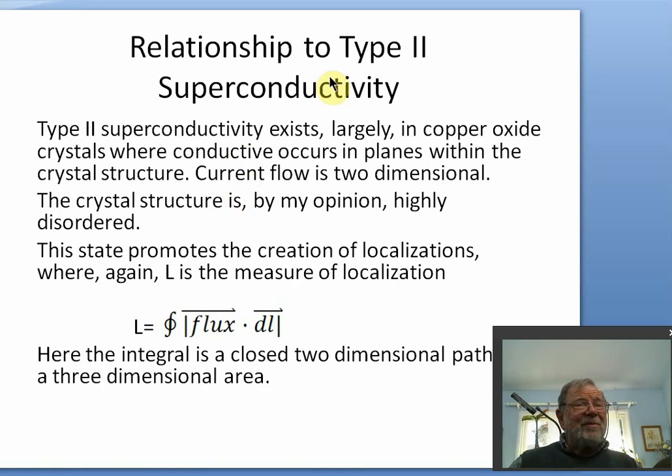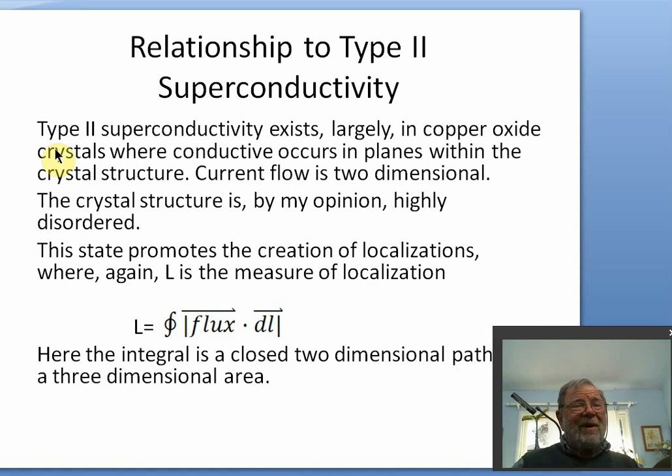So, relationship to type 2 superconductivity. If localization makes superfluid helium, then probably localization produces type 2 superconductivity.